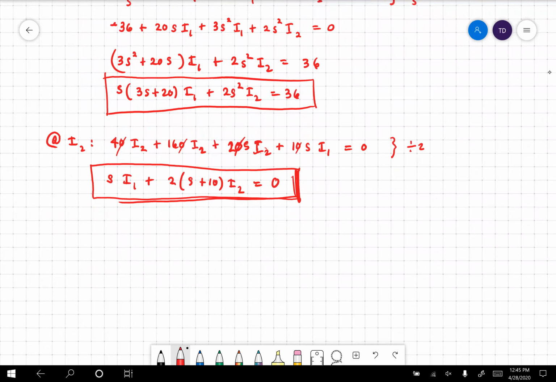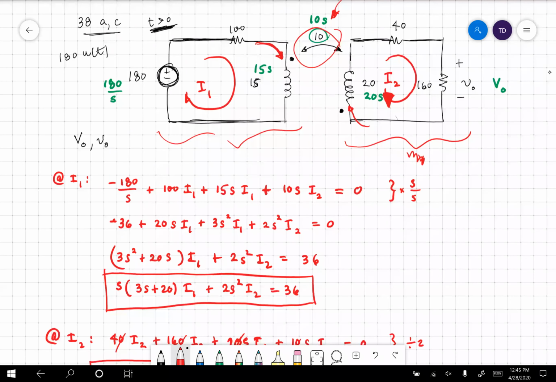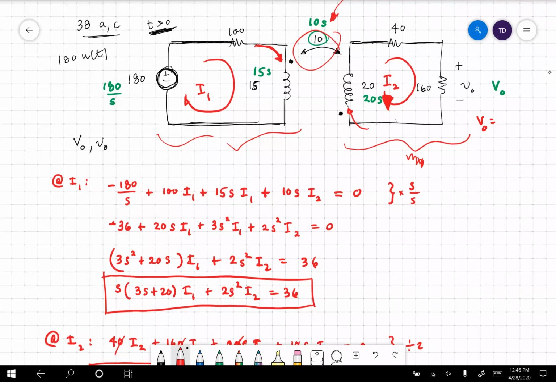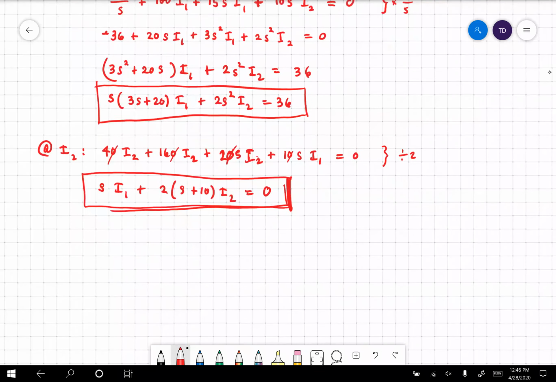So what are we solving for? Well, we want V0. So V0 is clearly 160 times I2. Excuse me for a moment. Let's just take care of that. Okay, so we want to solve for I2.